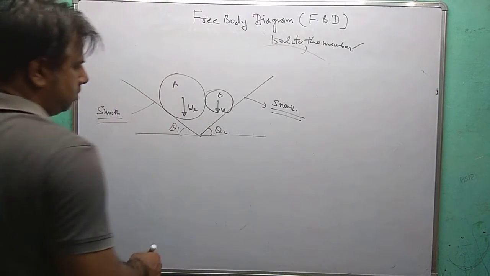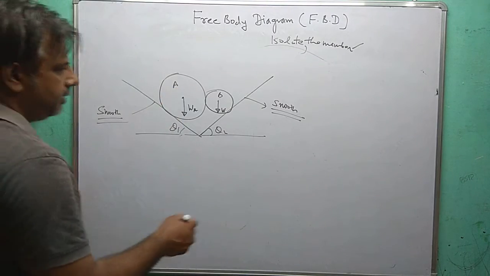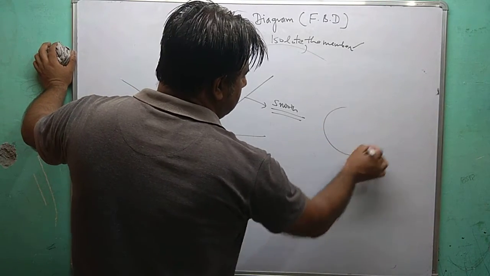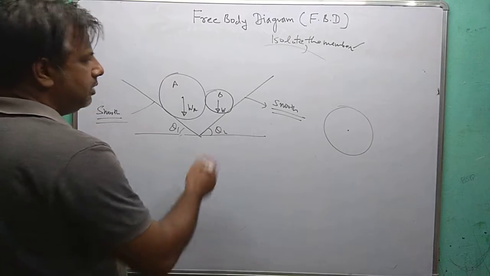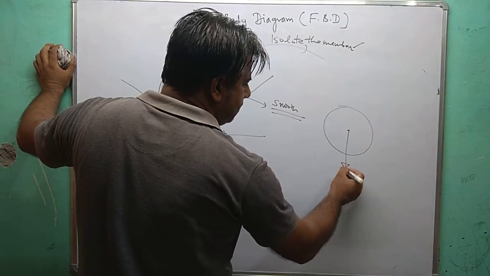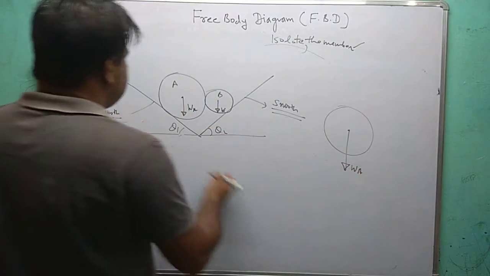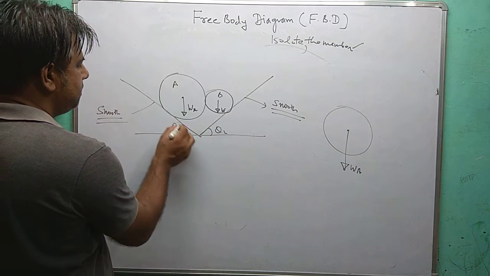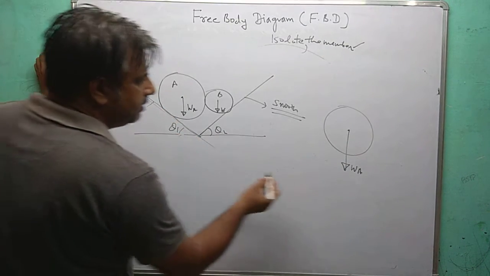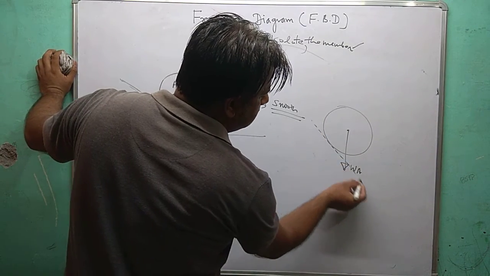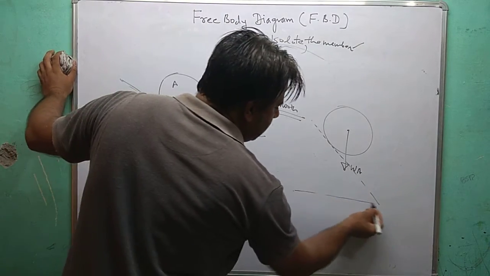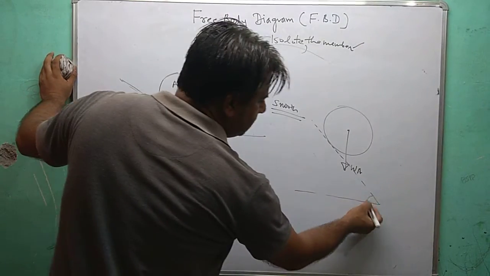So how to draw the free body diagram for A? First of all, draw body A. For body A, the active force means self weight WA. Now the support reactions, with respect to this inclined plane. So here first you draw the dotted line like this, and this angle remains the same, theta 1.